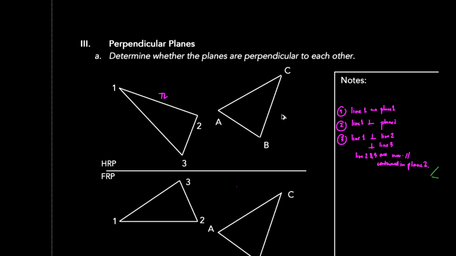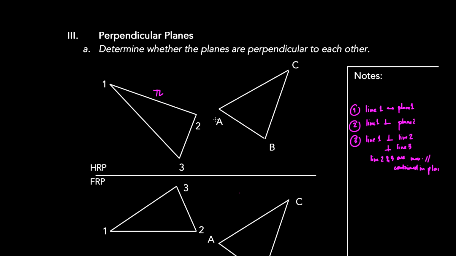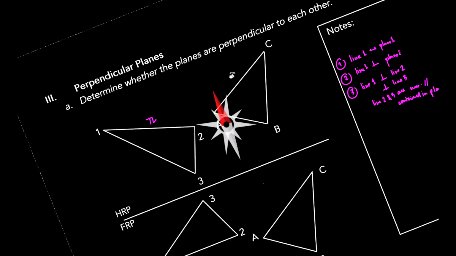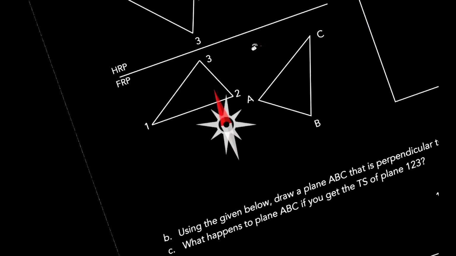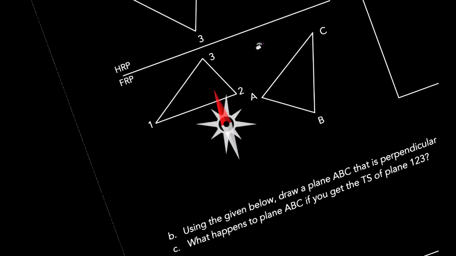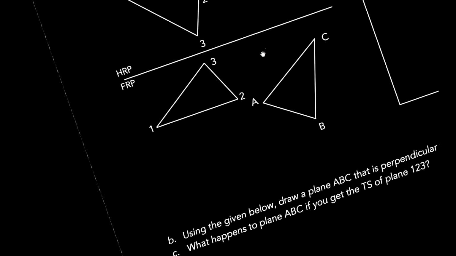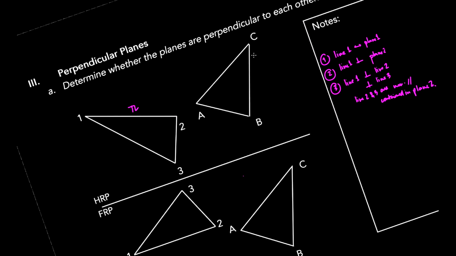Isa dyan will be truly perpendicular to this TL right here. Tama? So, if that's the case, then I can just do something like ganyan, and we form a perpendicular line, no?